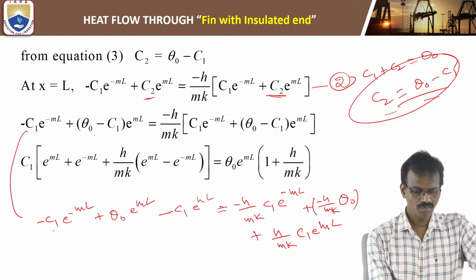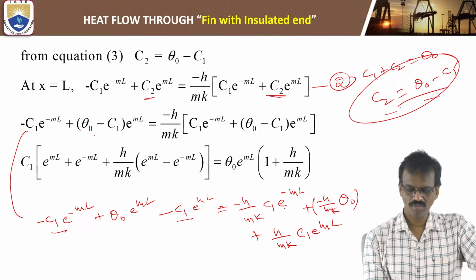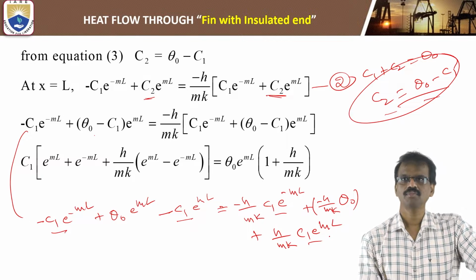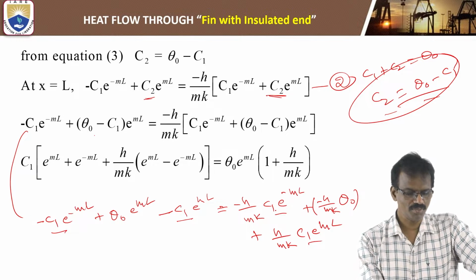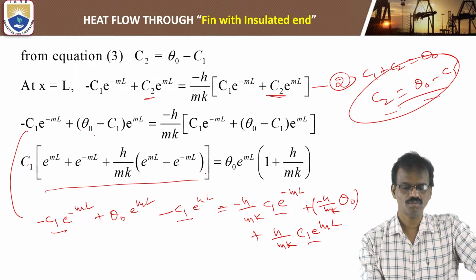Here C1 terms, you can collect all the C1 terms in one side, remaining theta terms in another side. So if you take the common C1, then you will get this total term.